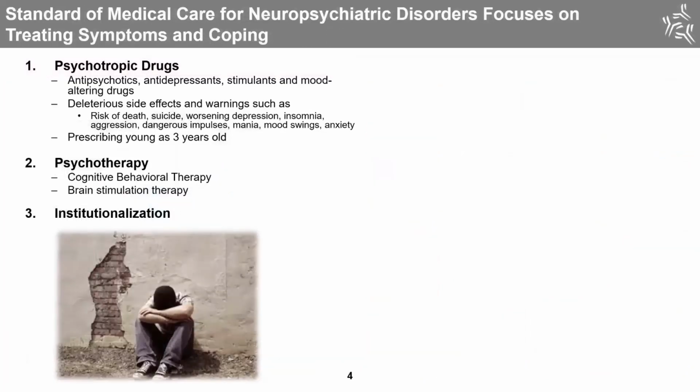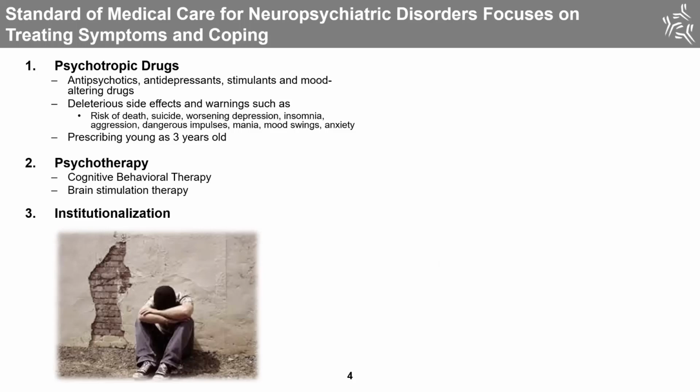The other is that the standard of care for neuropsychiatric disorders focuses on treating the symptoms and in some cases coping. So the advent of psychotropic drugs has been very impactful in treating many of these disorders because previously, and we won't go into too much of the history, there were things like even boring holes in your head, lobotomies, straitjackets, fever-inducing, a whole host of methods to try to deal with psychiatric disorders.